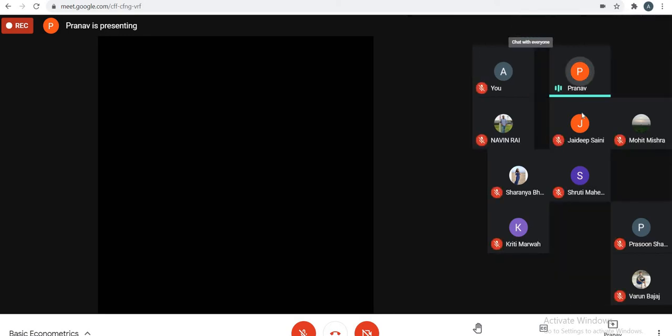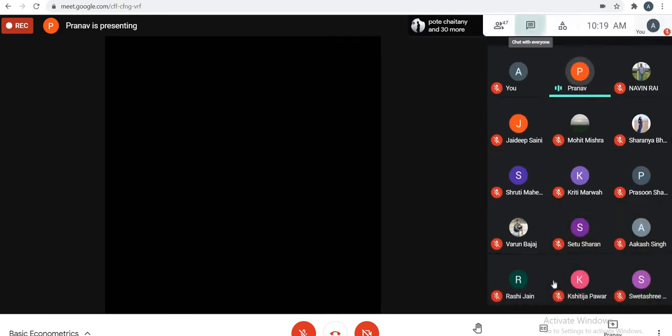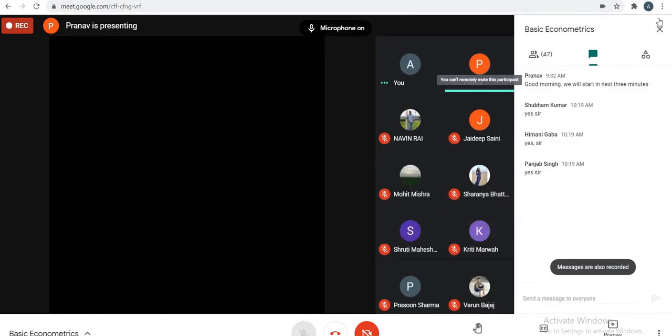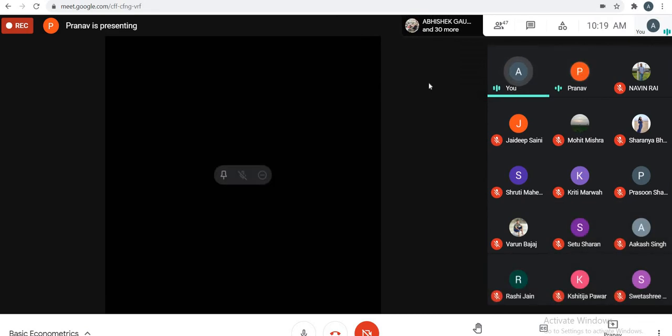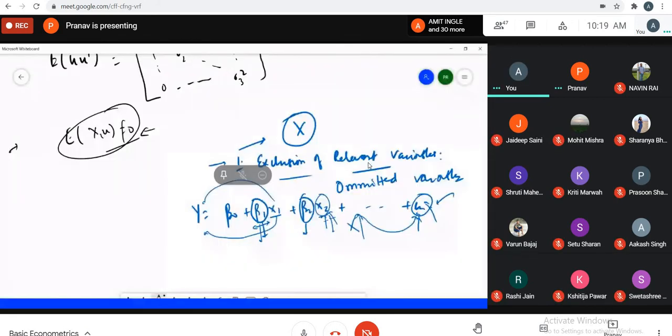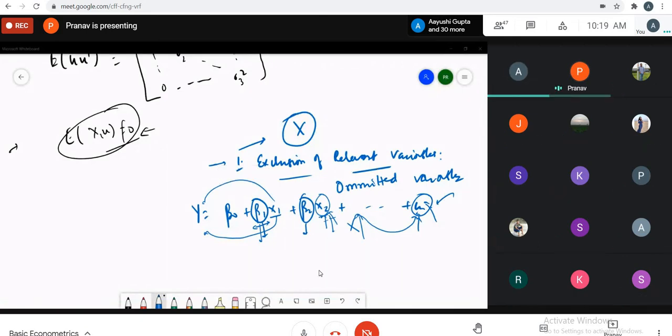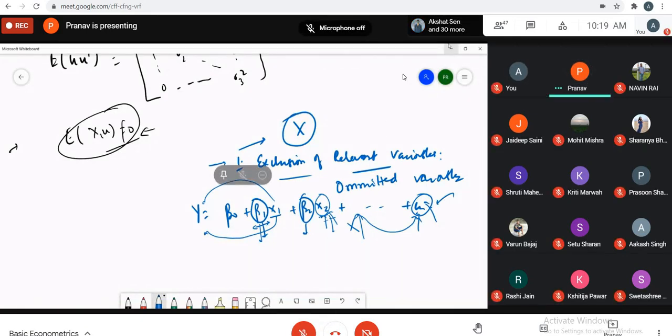What I want you to do is, first of all, load that file onto your R. No issue.